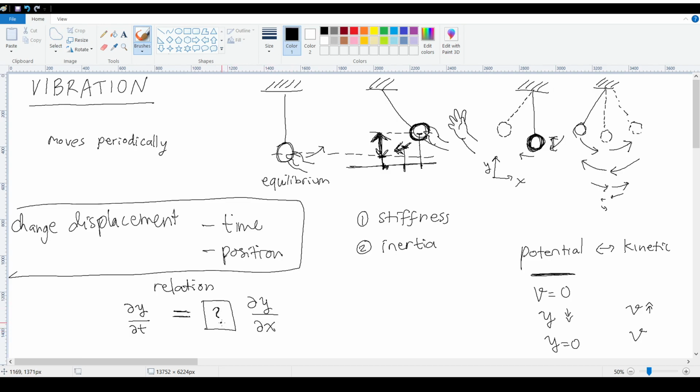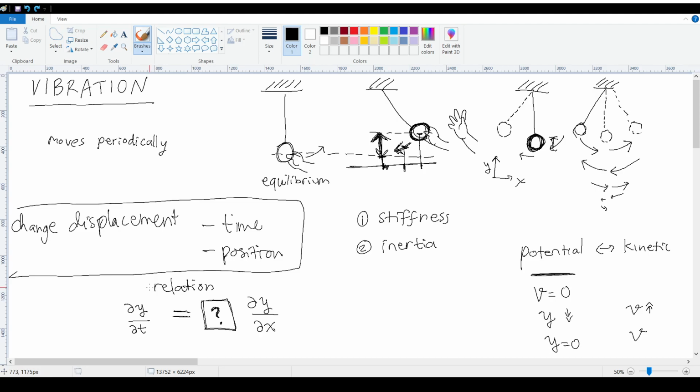This one will be questionable because every oscillator vibrates differently. And I have to warn you that this is not true, but this is just an illustration.